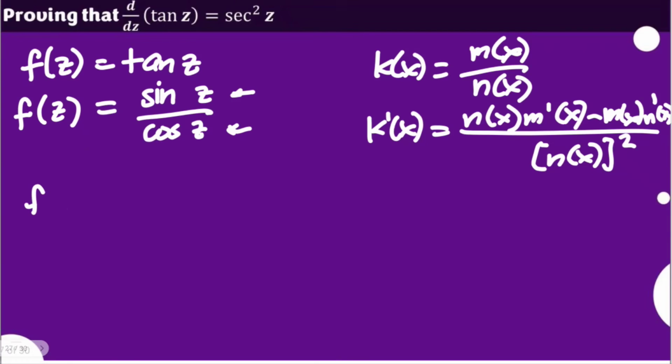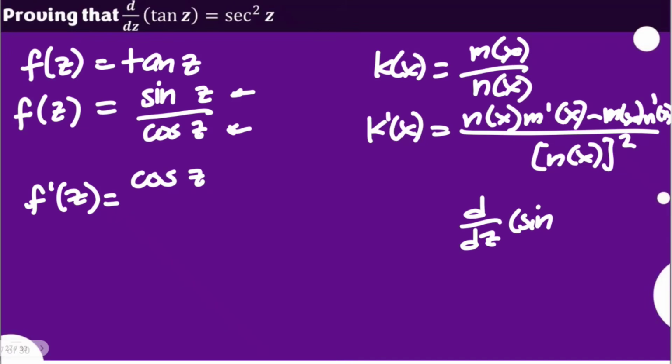So our first derivative is equivalent to the denominator cosine z, times the derivative of the numerator. What is the derivative of sine z? Previously discussed, it's also cosine z. So cosine z, minus the numerator sine z, times the derivative of our denominator.